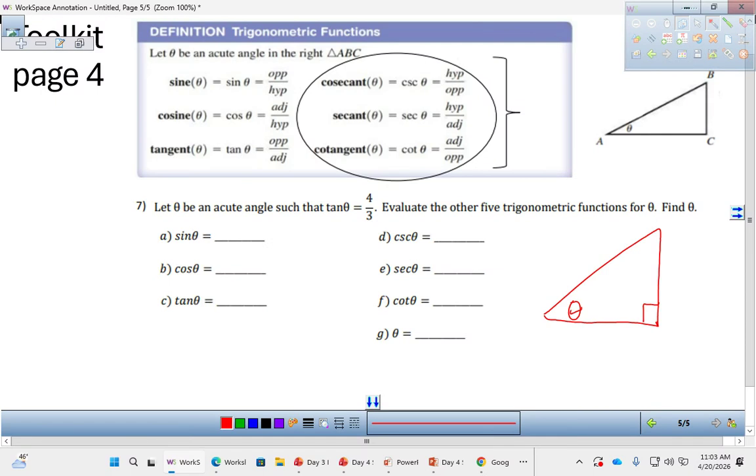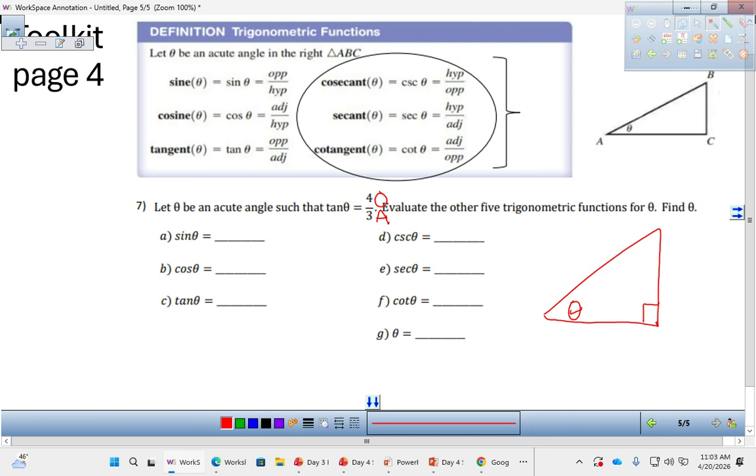Now here's the piece of information I know. I know that the tangent is 4/3. Well, tangent is the TOA of SOHCAHTOA, meaning that I have the opposite and the adjacent leg if I have the tangent, right?